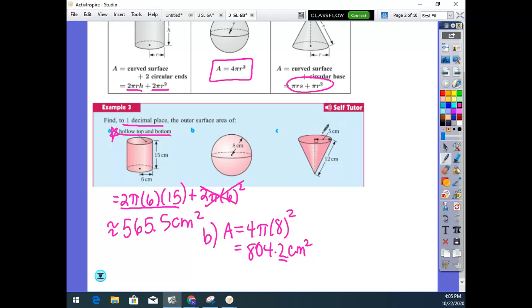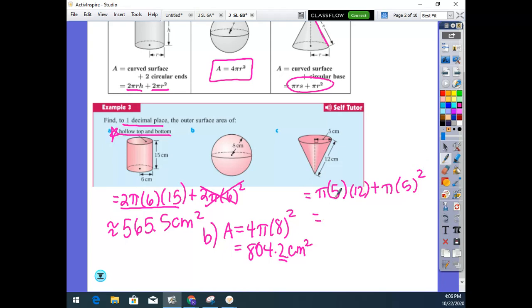All right, no special directions for C, so just plug straight into the formula. Pi, radius is 5, S is the slant height. Notice from up here, that's the slant height, 12, plus pi r squared. So plug all of that into your calculator.